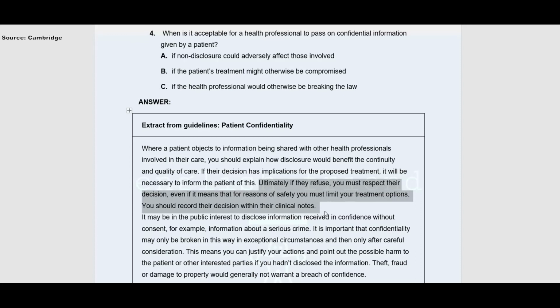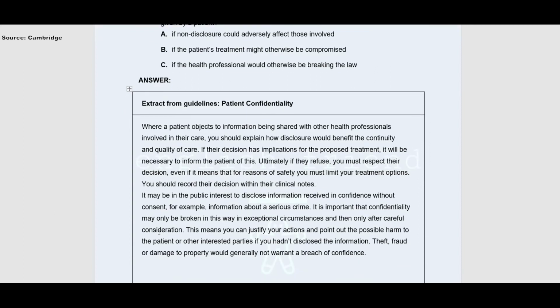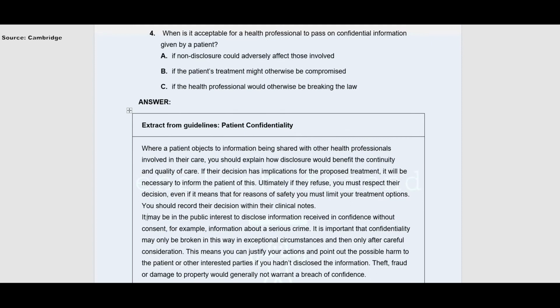We need to find when it is acceptable for a health professional to share the confidential information given by a patient. So it might be there in the second paragraph. Here it says, it may be in the public interest to disclose information received in confidence without consent. For example, information about a serious crime. It is important that confidentiality may only be broken in this way in exceptional circumstances, and then only after careful consideration.